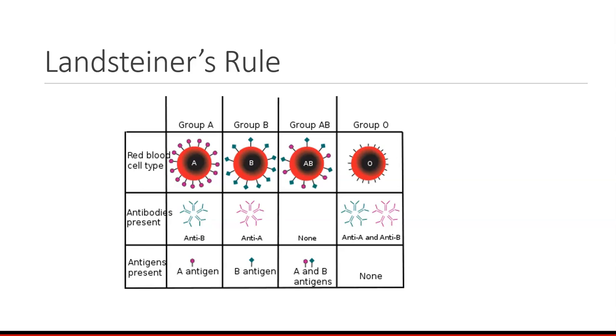And that is why for plasma donors, AB is a universal donor because they don't have anti-A and they don't have anti-B. And then group O people have both antibodies because they have neither antigen on their cell. And this is why group O is the universal donor for red cells, because they have no ABO or A and B antigens.